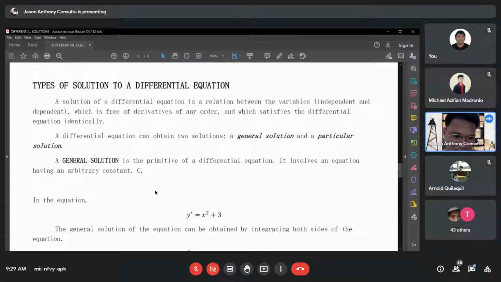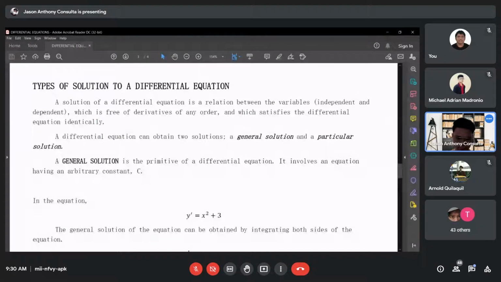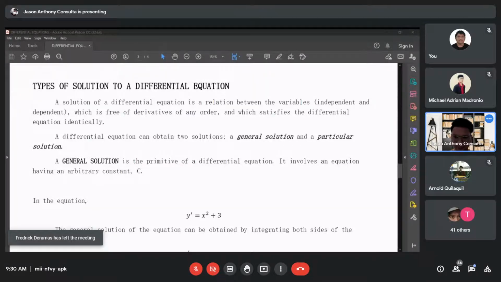So in this equation, class, y prime, or the first derivative of y with respect to x, is equal to x squared plus 3. So the general solution of the equation can be obtained by integrating both sides of the equation. So sino makakapag-integrate nito? May volunteer ba?